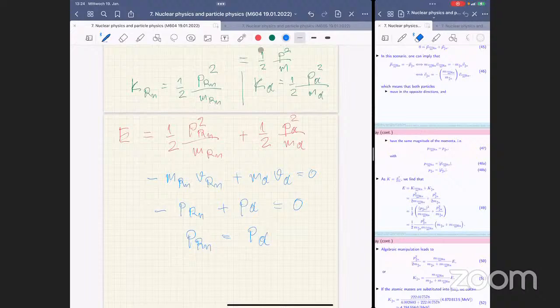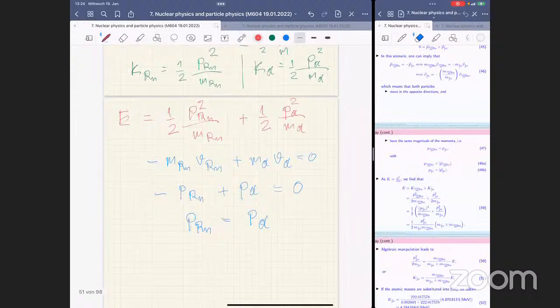So in the equation, E will be 1/2 P alpha squared divided by the mass of radon plus 1/2 P alpha squared divided by the mass of the alpha. Please note that these two terms are not the same because they have different denominators.